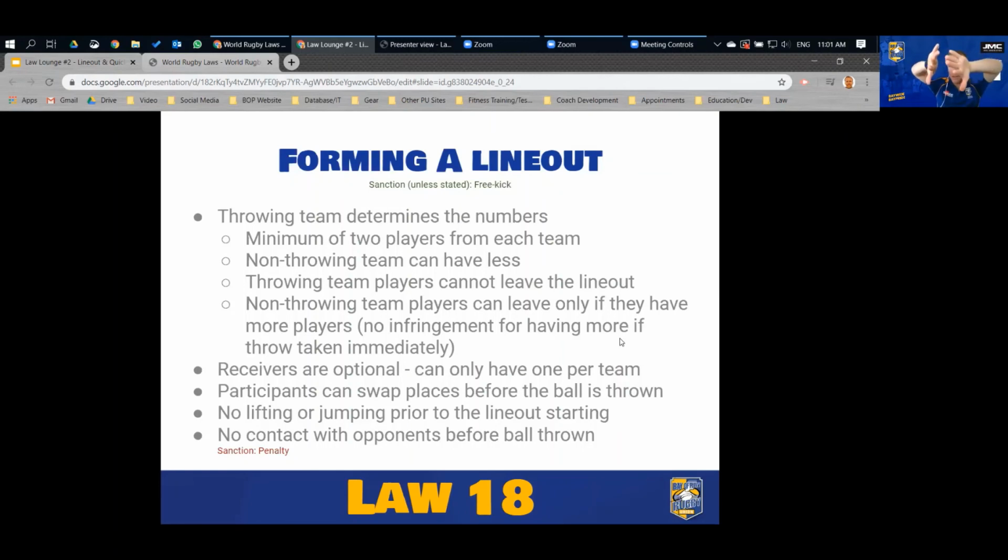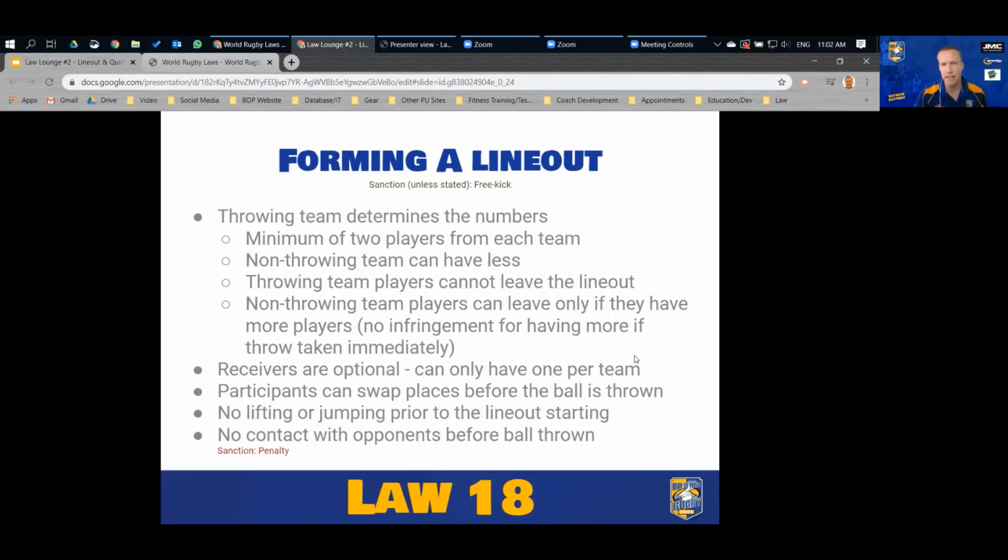So if you have two lines of players, and one team is throwing the ball in and they want to form a maul, but the other team doesn't engage, that's fine. What they can't do though is back away. So if they're moving away from the mark of touch to defend or do whatever they want to do, or they're backing off and actually move away, then you can penalise them for moving away from and leaving the lineout.